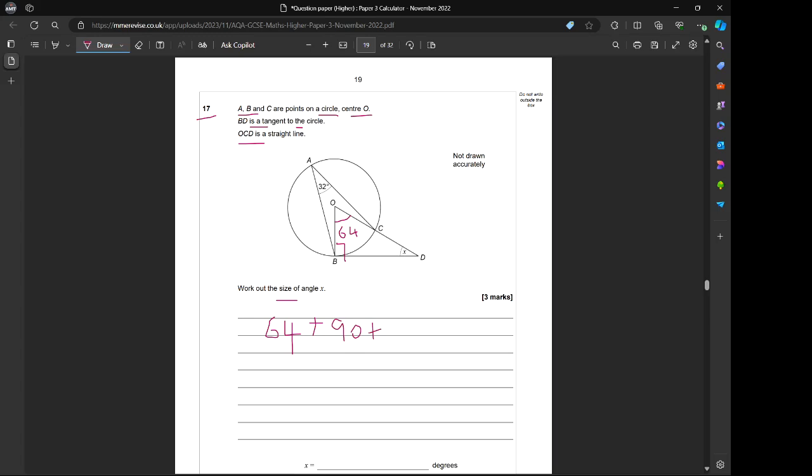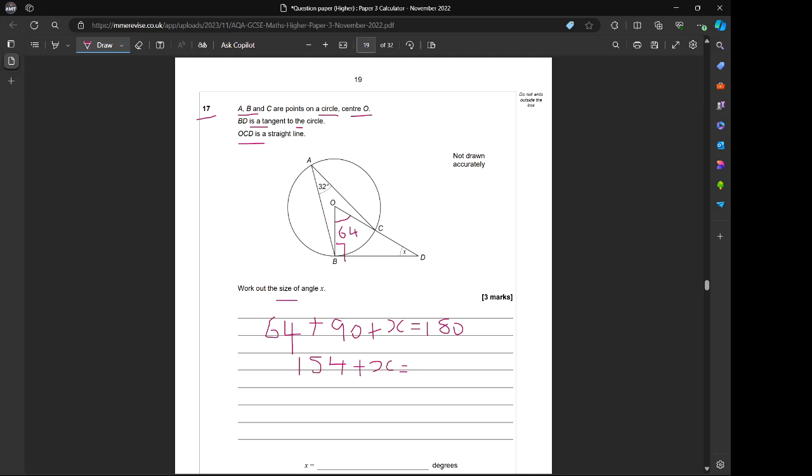Well done, spot on, 180. Rearrange it. So 64 plus 90, that'll be 154 if I'm not mistaken, plus X equals 180. So what is X going to be, guys? In the chat.